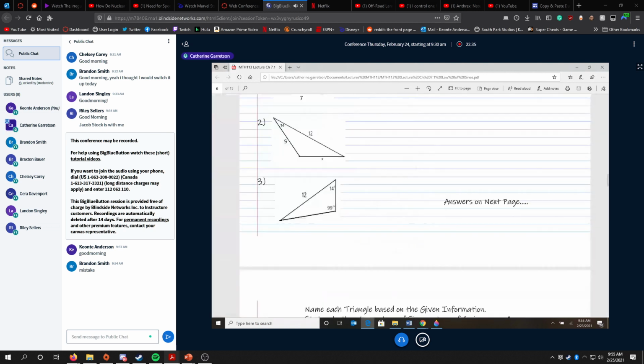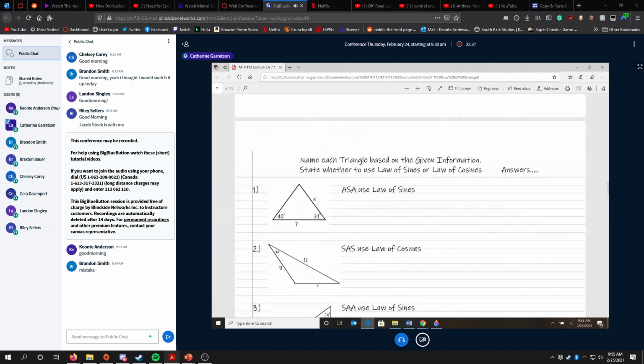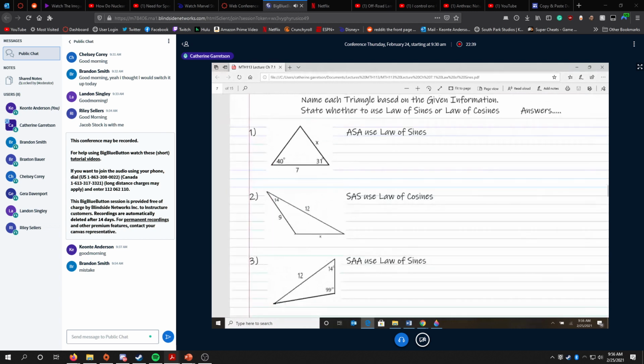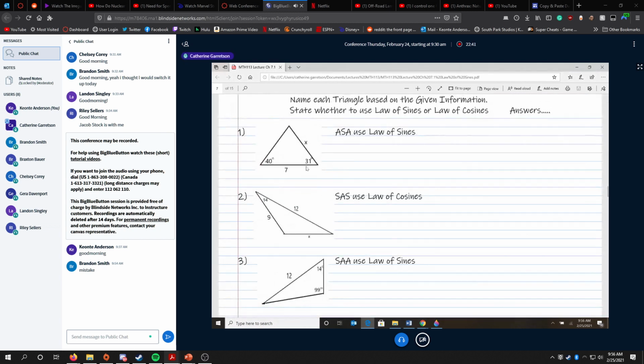Okay, so on the next page, it's all said. So we had angle, side, angle, law of sines. Side, angle, side, law of cosines. And side, angle, angle, which is law of sines.